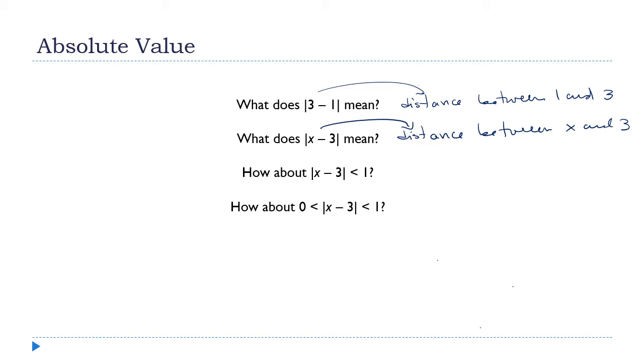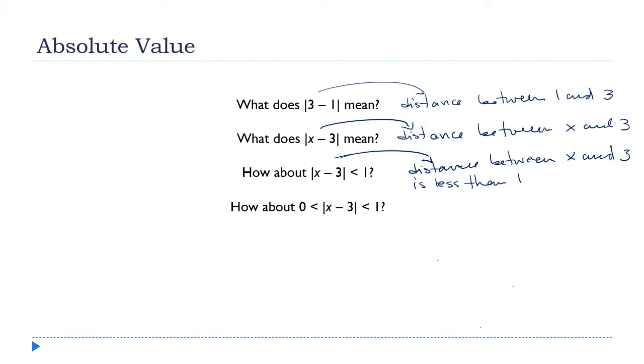So what this is saying, working my way down here, this is saying the distance between, oh, that got messy, sorry. The distance between x and 3 is less than 1. And this last version here is the one that we're actually going to see in our definition.